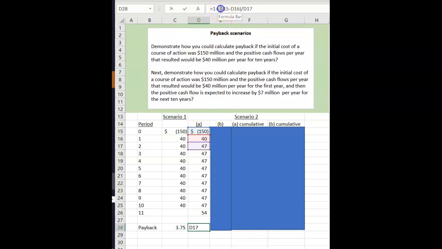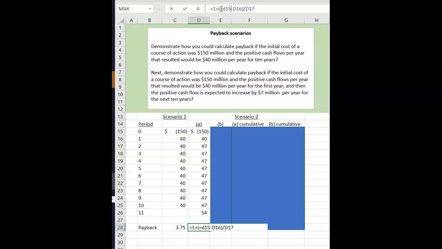Because that amount is negative, we need to put the absolute value in there. I'll show you a couple different ways to do this. You could put absolute value in there and come up with it. Or if you wanted to make this simpler, just take the first number as a negative amount. So you'd say 1 plus a negative D15, and then you say D15 minus D16.